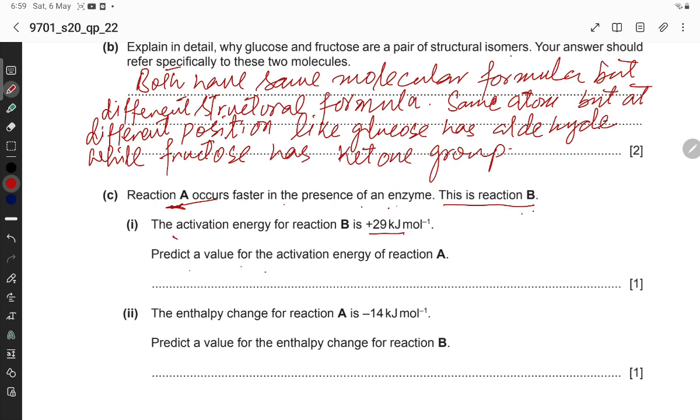So the value is plus 29 kilojoule with enzyme; without enzyme, it is around about 40 kilojoule per mole.